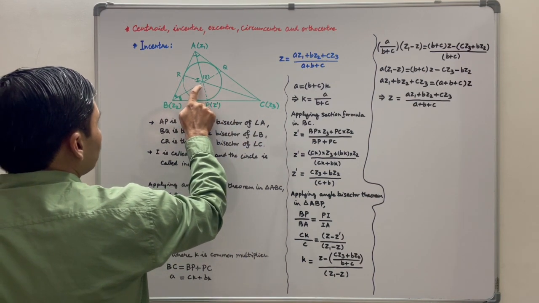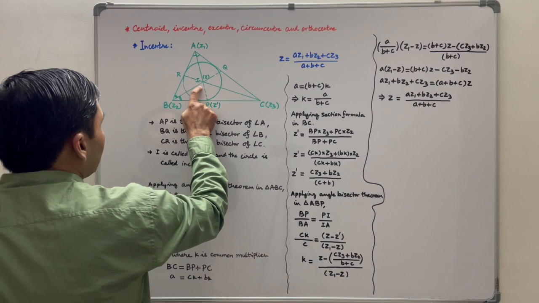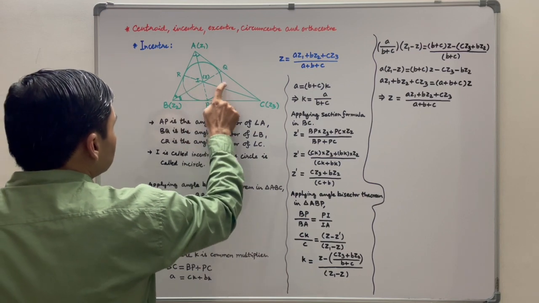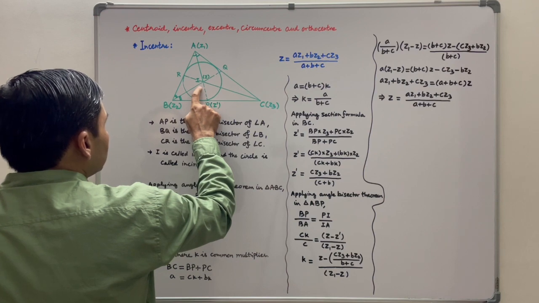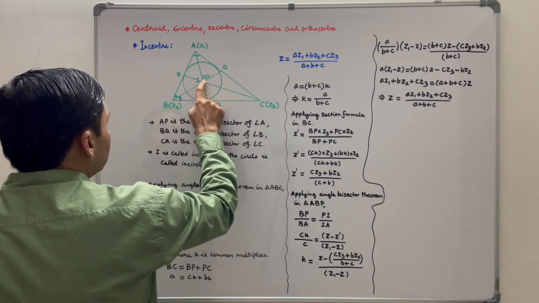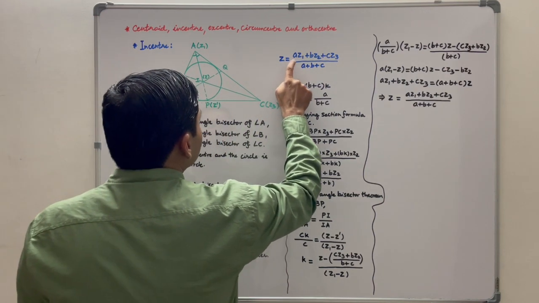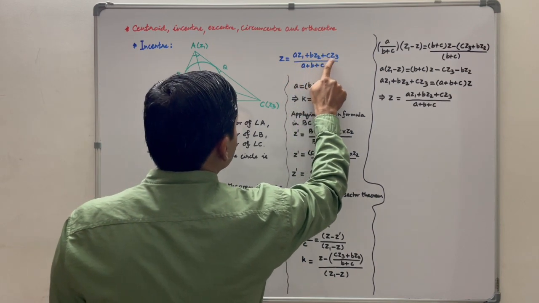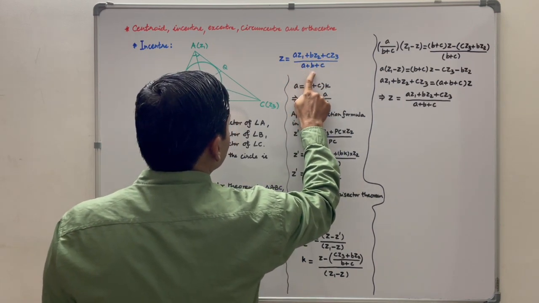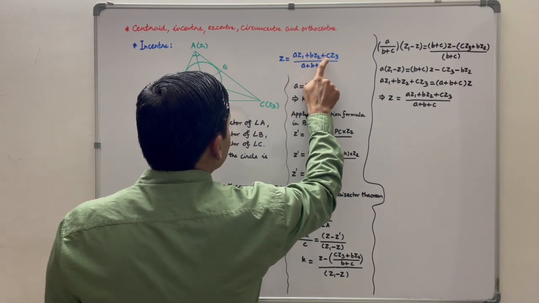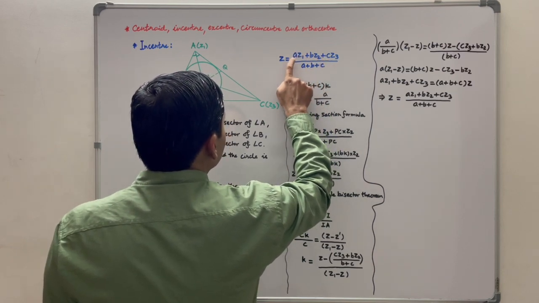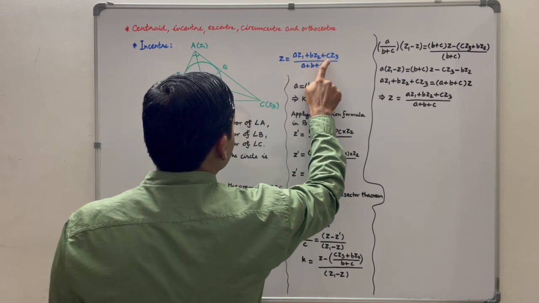They intersect at point I. I is called the incenter and this circle is called the incircle. Suppose I is represented by complex number z. So z is equal to (a z1 plus b z2 plus c z3) upon (a plus b plus c), where a, b and c are sides opposite to angles A, B and C respectively.